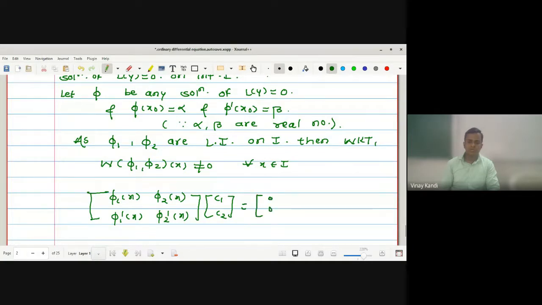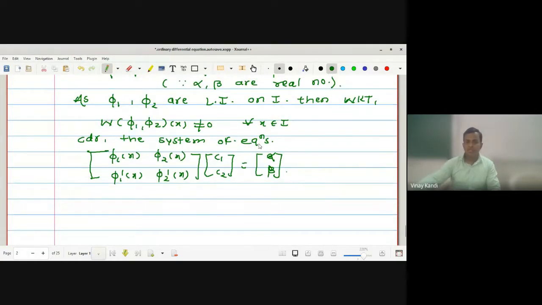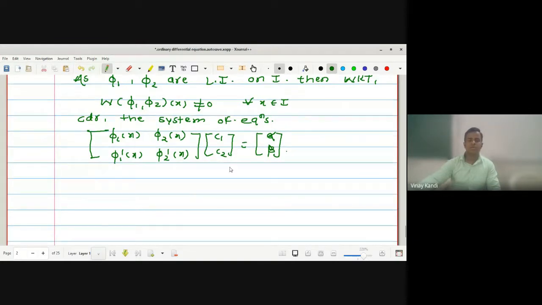Okay, now consider this system of equation. This one. Okay, so this one is alpha and this one is beta. Consider the system of equation. This one, phi1, phi2, phi1 dash, phi2 dash, with alpha, beta as any two constants.